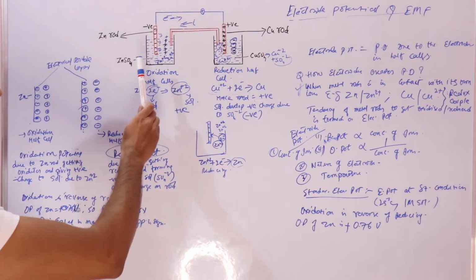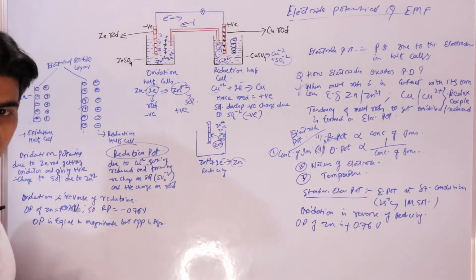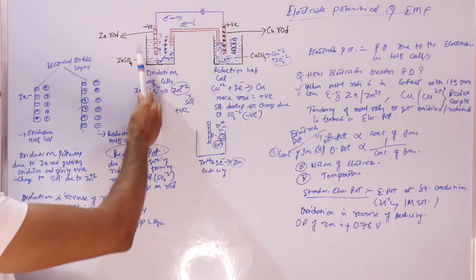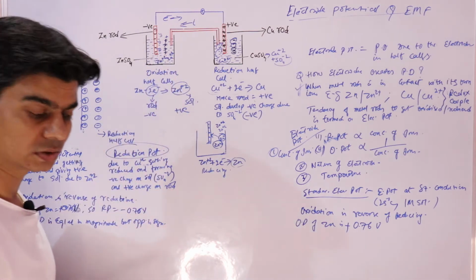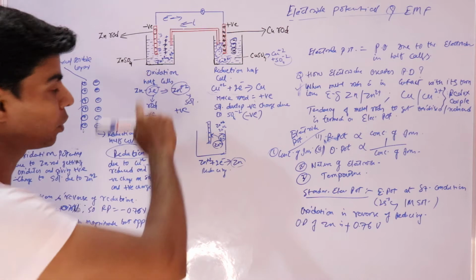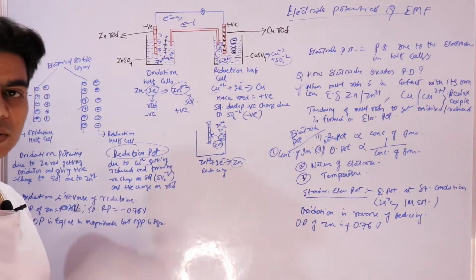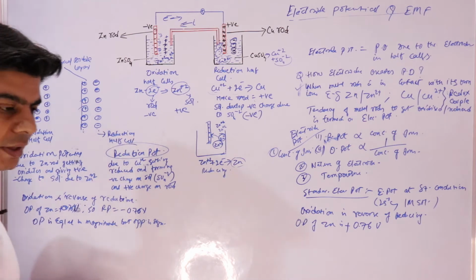So if we calculate the oxidation potential of zinc under standard conditions, by standard conditions we mean that the concentration of the solution in which the zinc rod is dipped is 1 molar and the temperature is 25 degrees Celsius, that is 298 Kelvin.